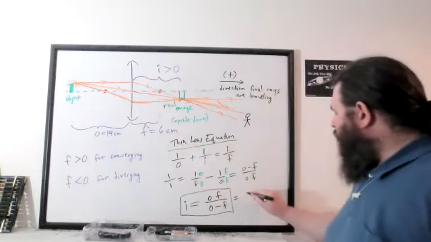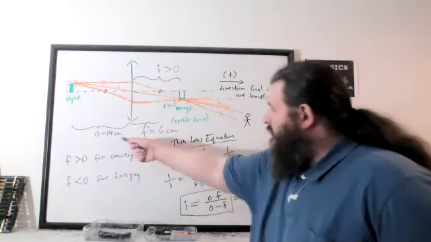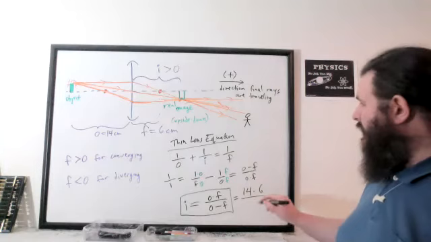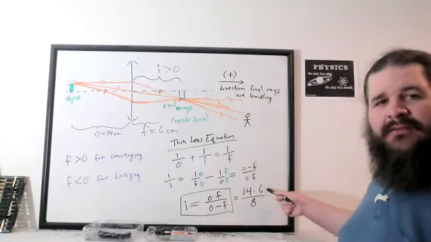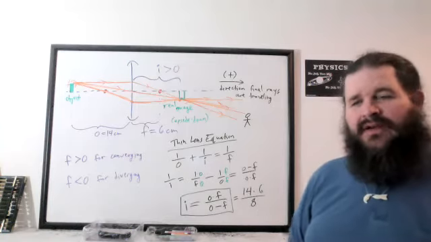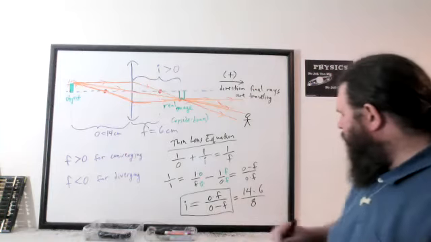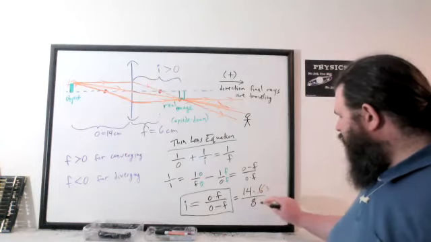14 times 6 divided by 14 minus 6, O minus F. 14 minus 6 would be 8. And this ends up being centimeters times centimeters divided by centimeters. One of the centimeters cancels out, so we're left with just centimeters. And we can reduce this. 6 over 8 reduces to 3 over 4.